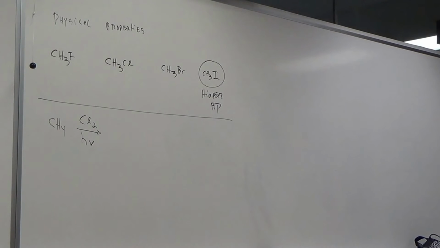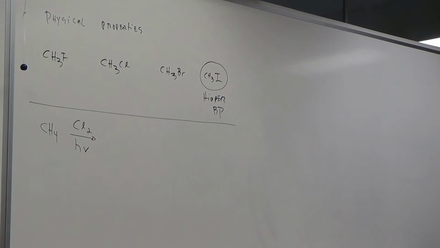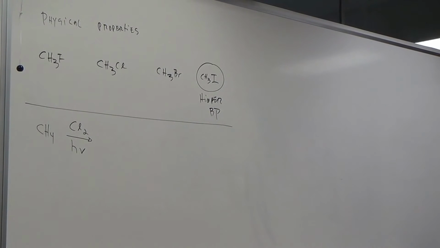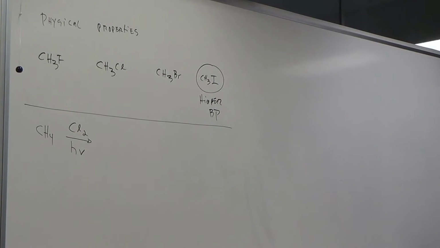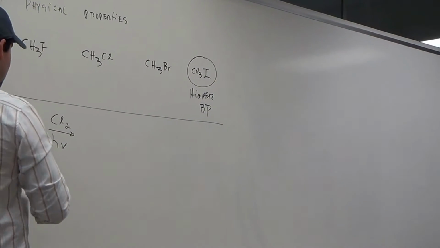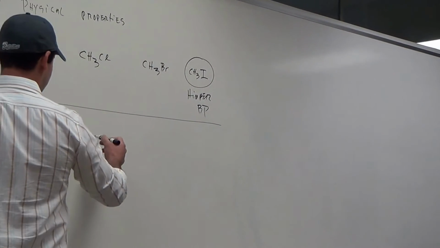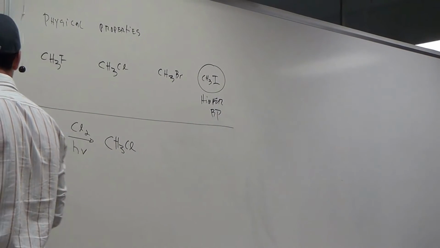Now, if you do not have light or you do not have heat, and most of the time it's about 300, 350 degrees Celsius, if you do not have heat, the reaction will not occur. The reason for that is because radicals are not going to be made. Now, if there is light, radicals are formed. And what you have is, tell me what happened.